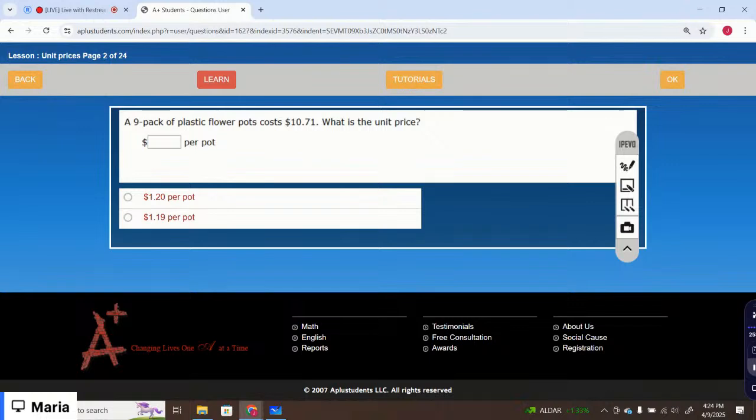Nine pack of plastic flower pots cost $10.71. What is the unit price?